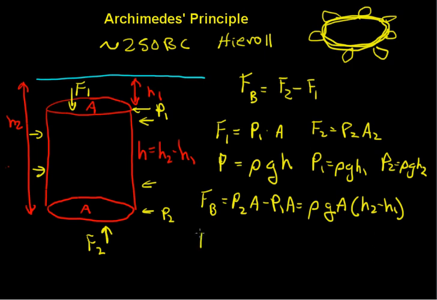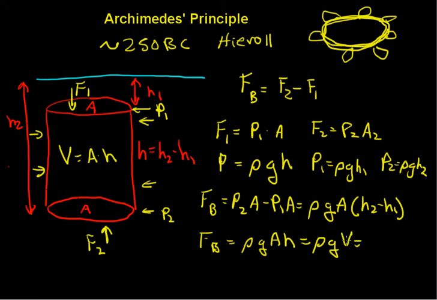And so that means that the buoyant force is just rho g times the area times the height of the cylinder, right? But what is that? The area times the height of the cylinder is just the volume of the cylinder, right? And so that's just rho times g times the volume of the cylinder, right?